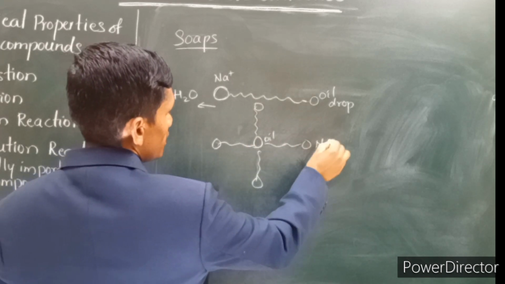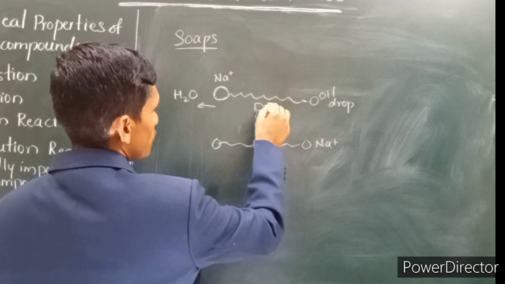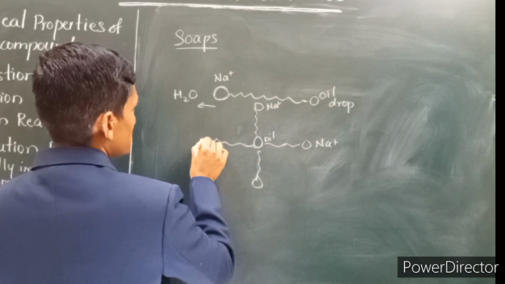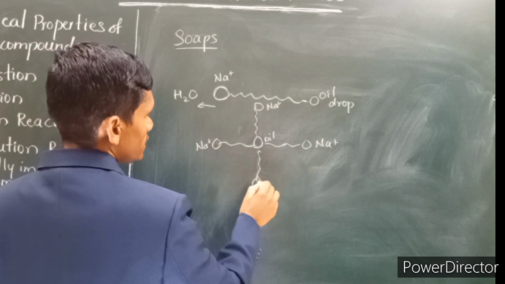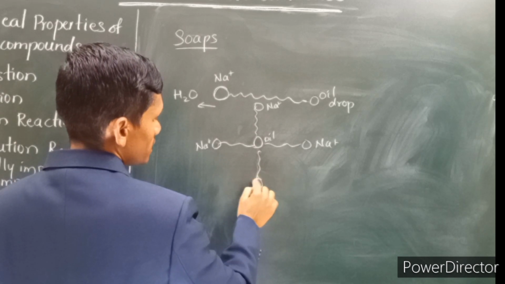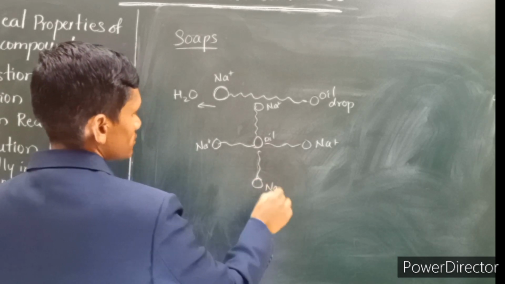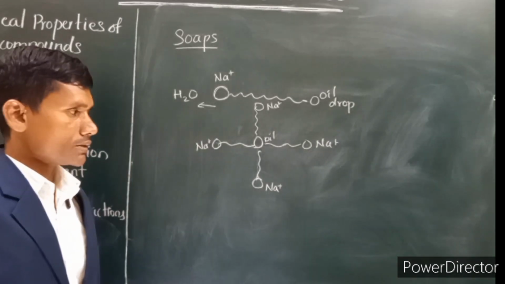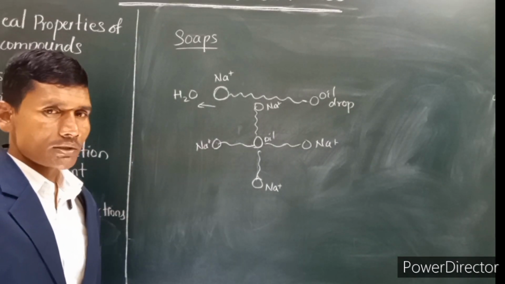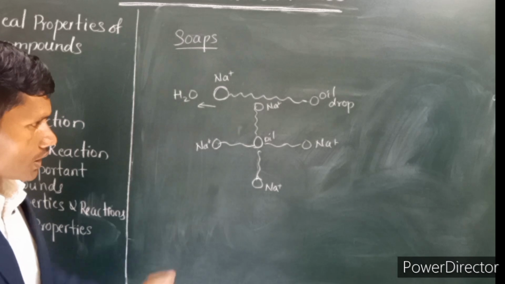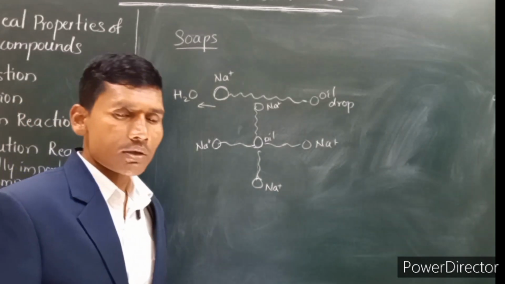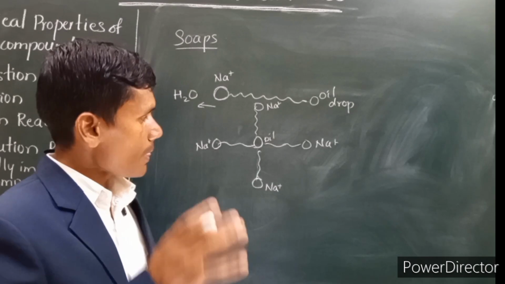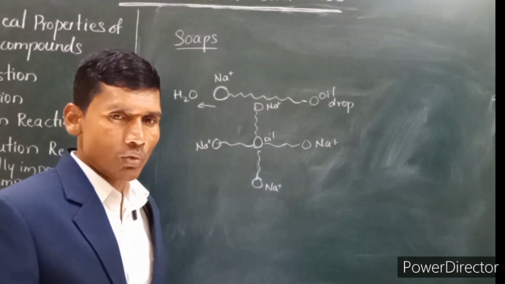These ionic ends are pulled towards the water, and this forms an emulsion in water. It does not get precipitated; it becomes an emulsion and remains in the water. When we wash it, putting more water, it will be cleansed very easily. This is how soaps work.